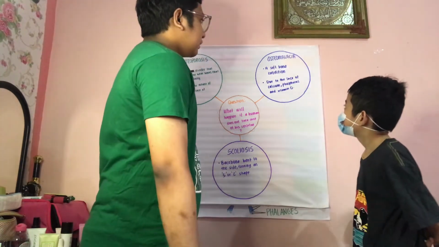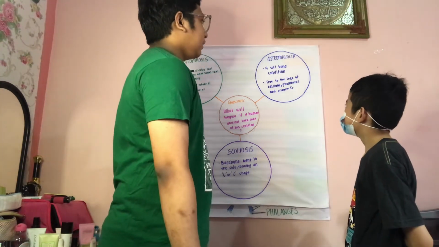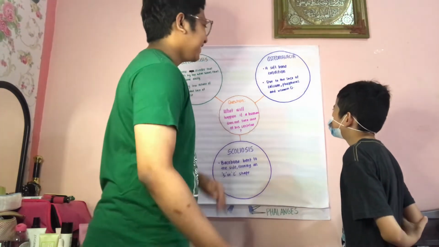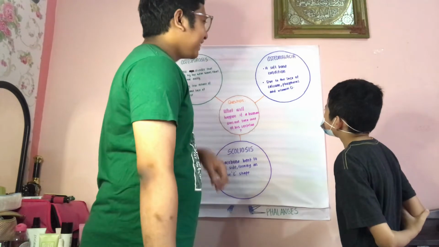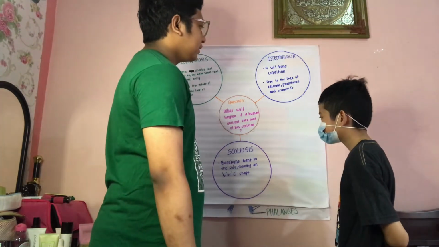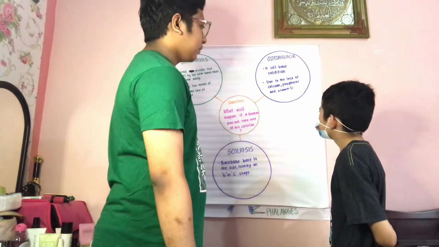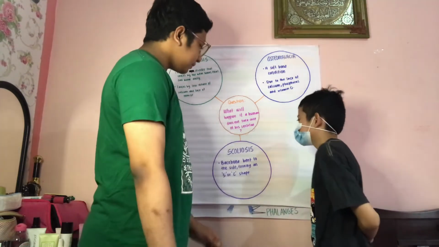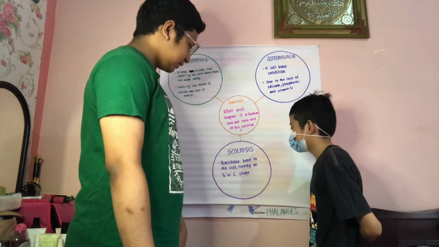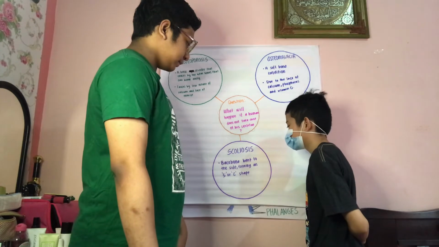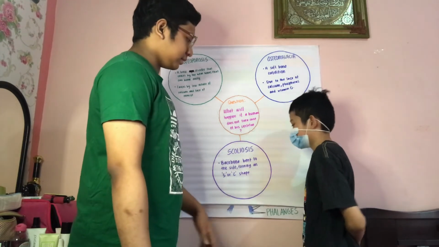Okay, and the other is osteomalacia. It's a soft bone condition, and the second one is due to lack of calcium, phosphorus, and vitamin D. Okay. Scoliosis. Backbone bend to the side forming a C or S shape.